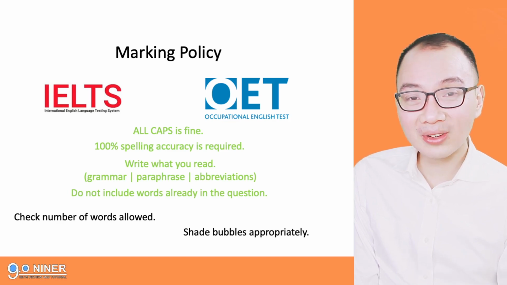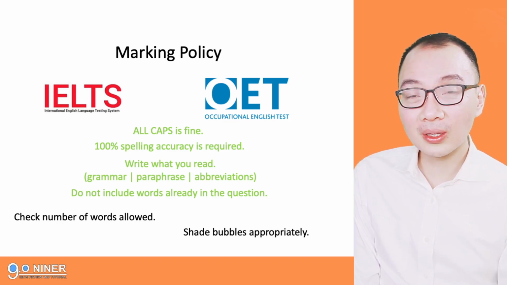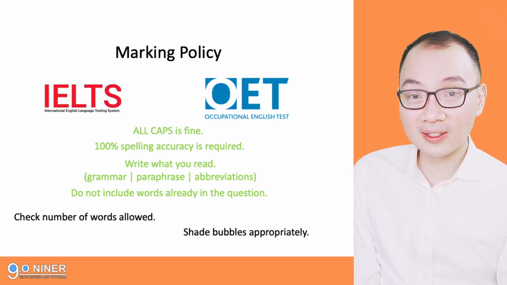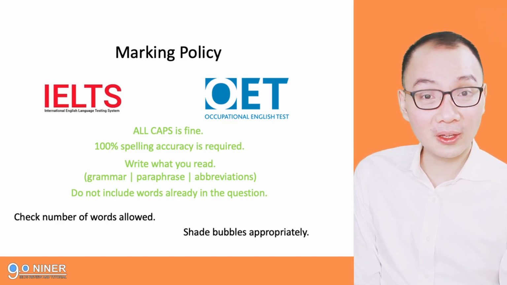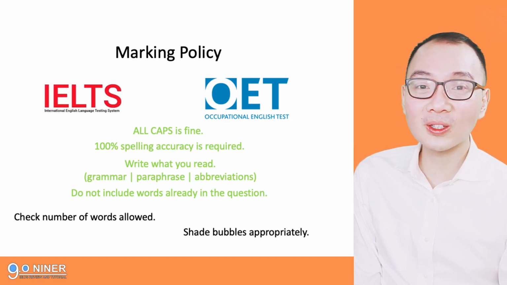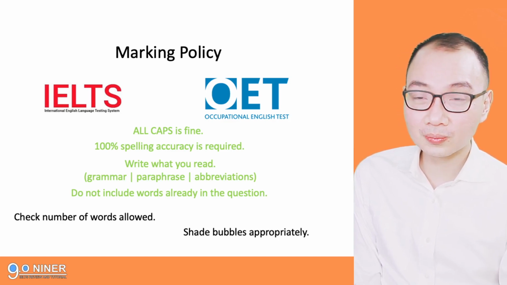So the computer relies on you shading the bubbles appropriately using your pencil, meaning shading the bubble completely and making no stray marks into the area of the other bubbles, so that the computer doesn't think that you have two answers for the same number, which would result in you not getting a mark.